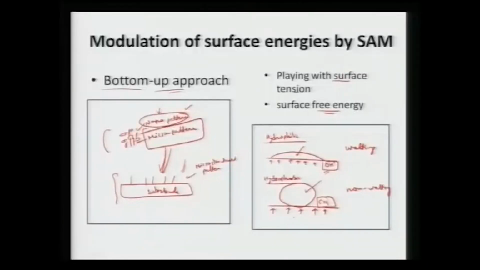The bulk is the same, but only because of this functional unit, if it is an alcohol group, it will have much more hydrophilicity, and if it is a methyl group, it can have much more hydrophobicity. So, by playing with the surface energy or the surface tension, we can impart very different or contrasting characteristics to a substrate. The substrate is the same, but only because of its surface we can control the overall functionality of this particular surface or substrate.